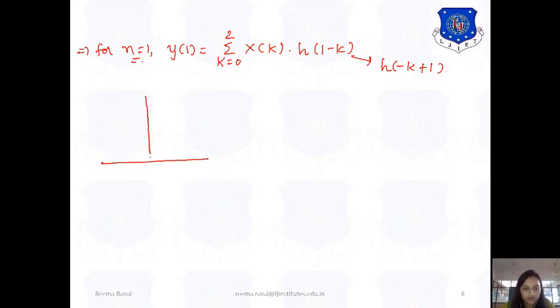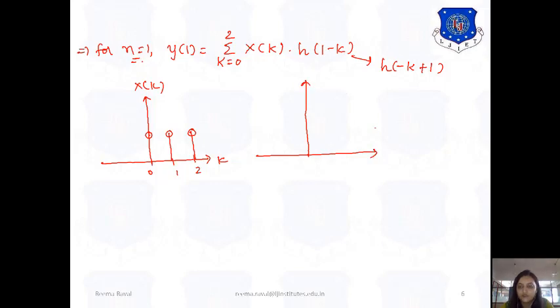We know already that the x of k values are 1, 1, 1 for the instants 0, 1 and 2. So that will be 1, 1, 1, right? And h of minus k plus 1, we can plot from h of minus k. That means we shift h of minus k to the right side by 1 instant.